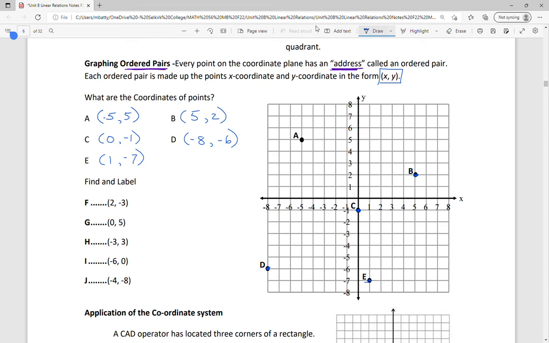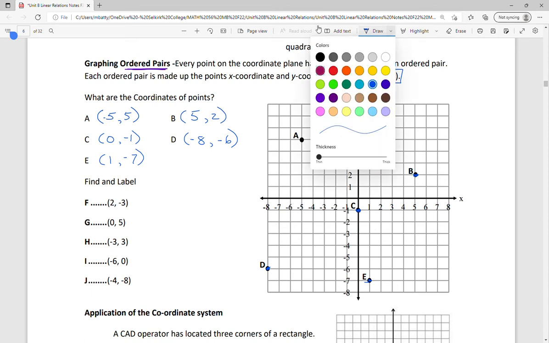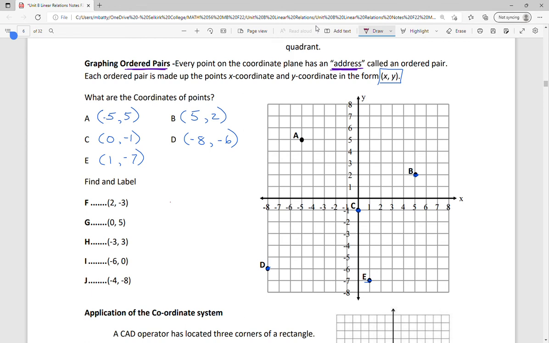Going the other way is finding the location given an ordered pair. So I need to find location 2 on the x and -3 on the y. That's going to be point F. G, if I follow the instructions, it's 0 on the x and 5 on the y.